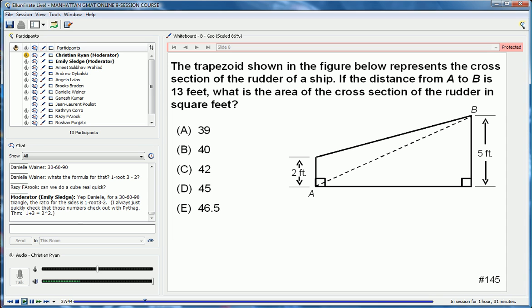Okay, that's 2 minutes. I'm going to give you 45 more seconds. Keep working if you haven't gotten to an answer yet. And if you have gotten to an answer, see if there's a different way in which you could solve this problem. Go ahead.